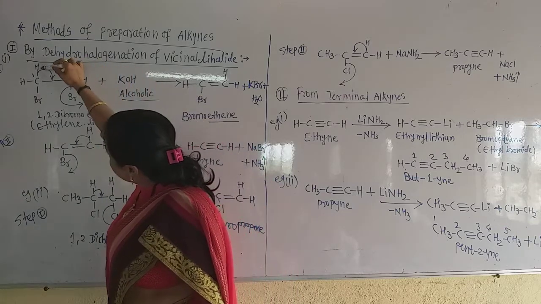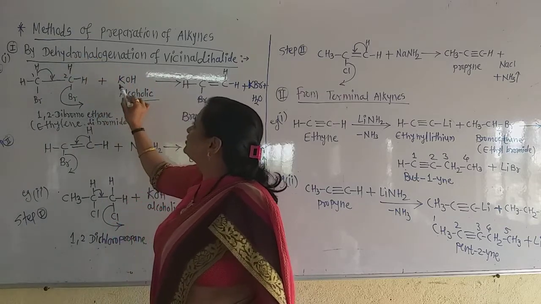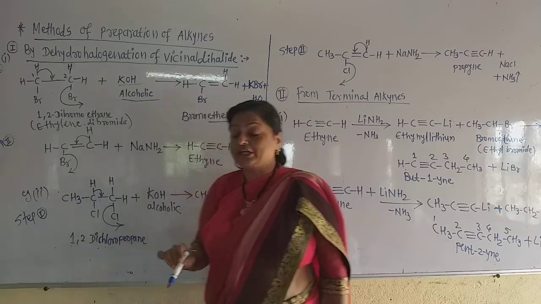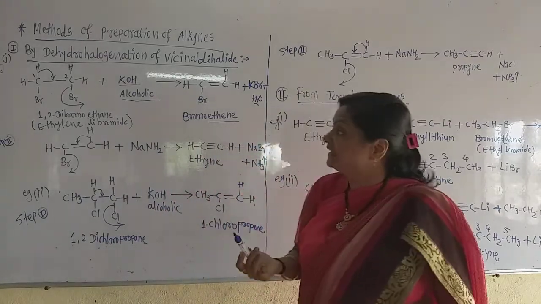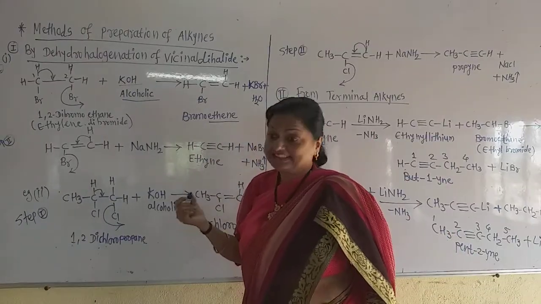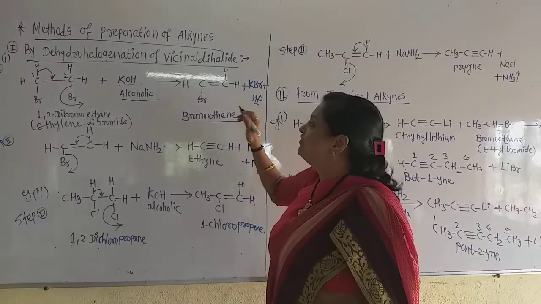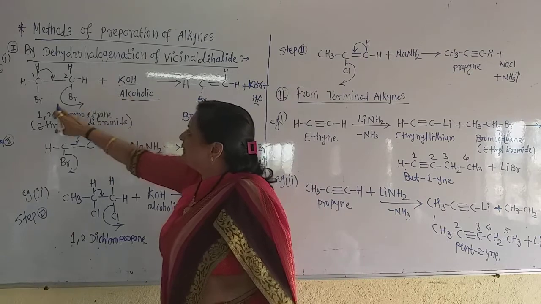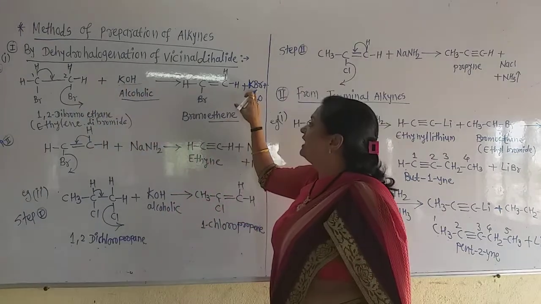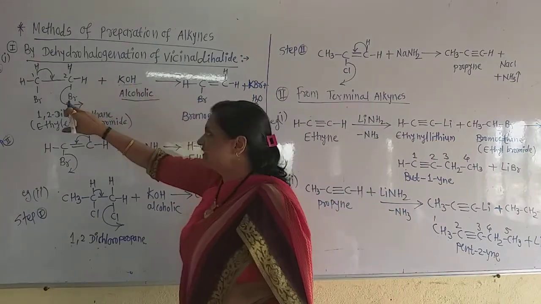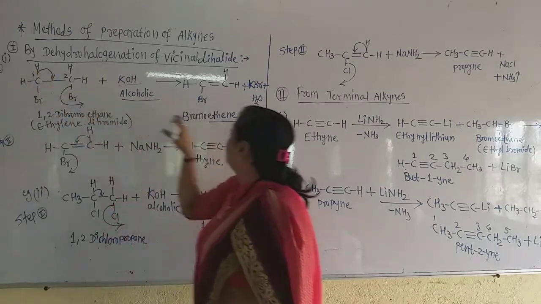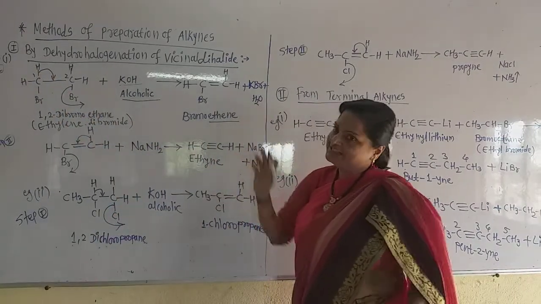Then this hydrogen and this bromine react with KOH, because KOH is an alkali and HBr is an acid. There is a neutralization reaction and salt and water are formed. Which salt is formed? K and Br form the salt KBr, and this OH and the eliminated hydrogen form the H2O molecule. Now this is the first step.